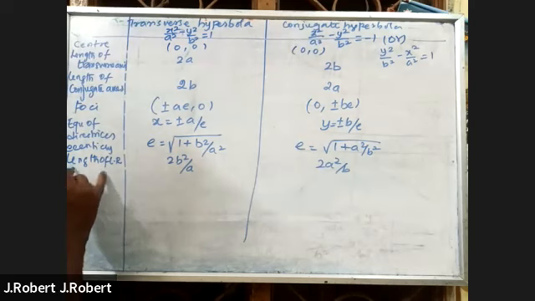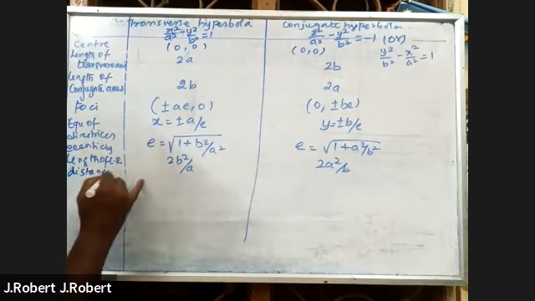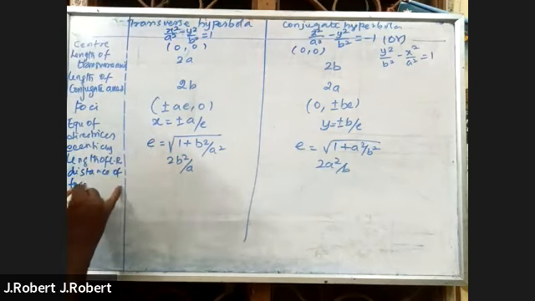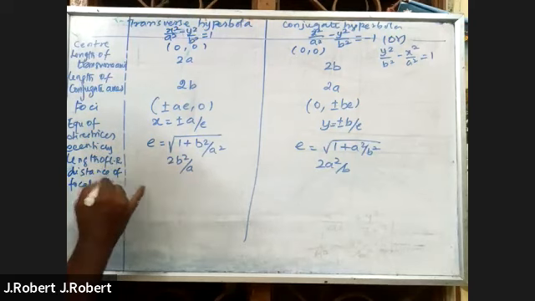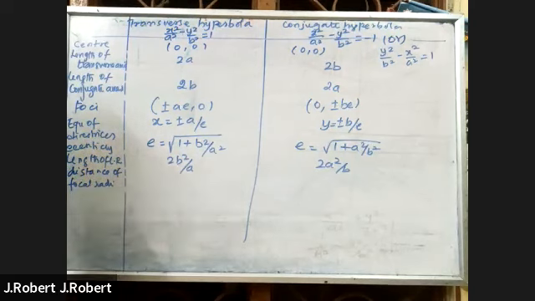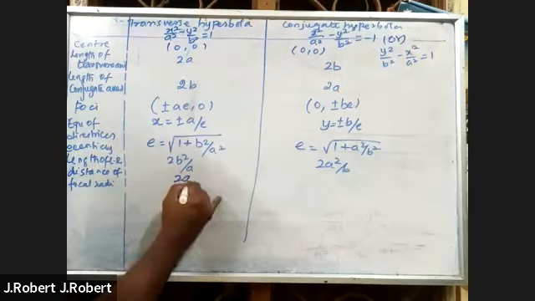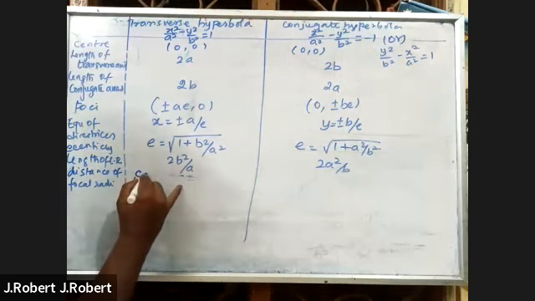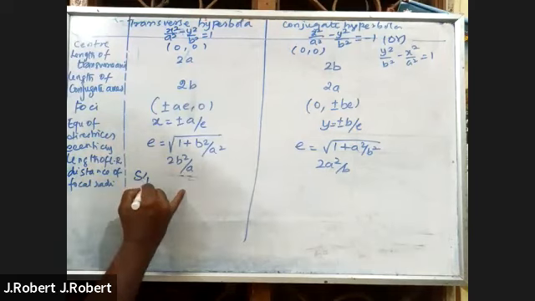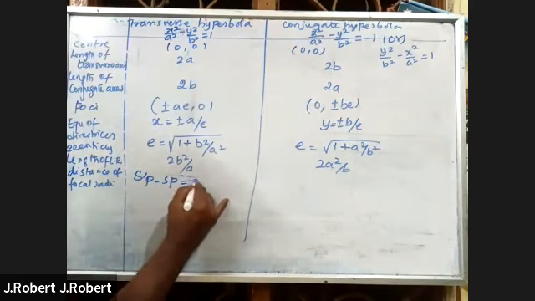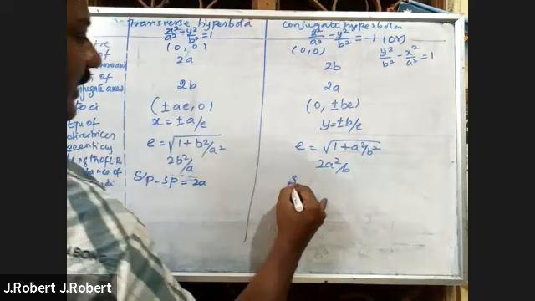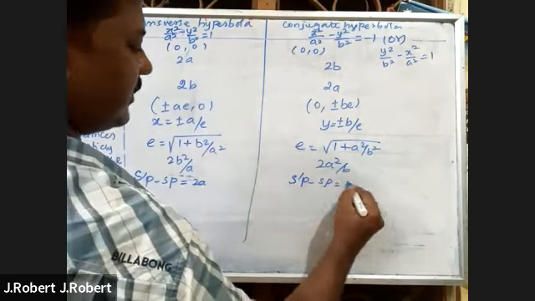That is, the difference of focal radii, which equals 2a. What this says is S dash P minus SP equals 2a. Here S dash P minus SP equals 2b.